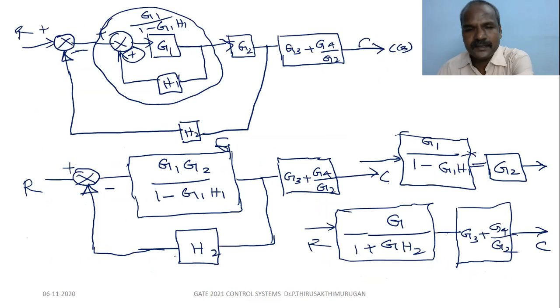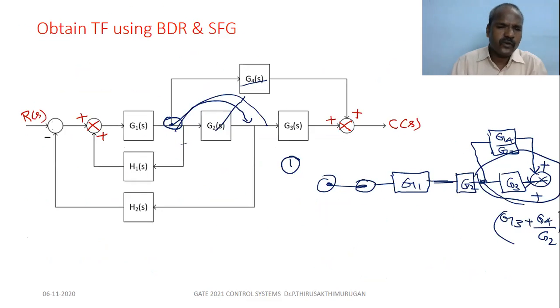Okay, using this concept, let us draw the signal flow graph for this. Wherever gain is there, you take it between two nodes. So first we make the blocks and junctions as nodes.